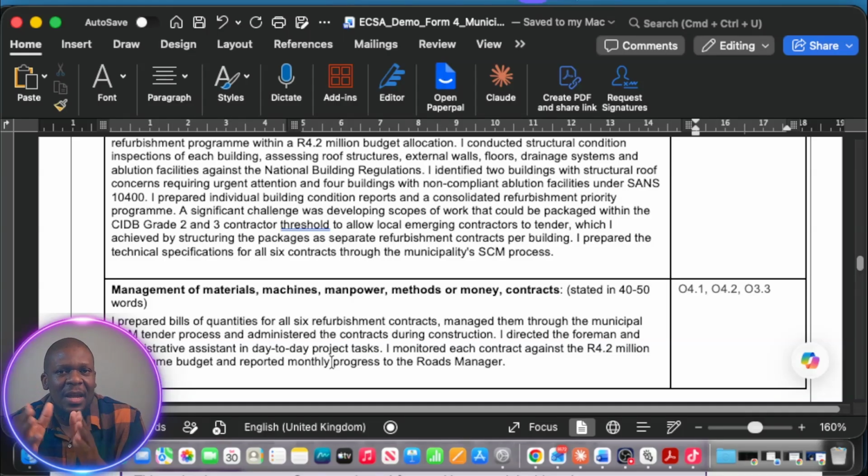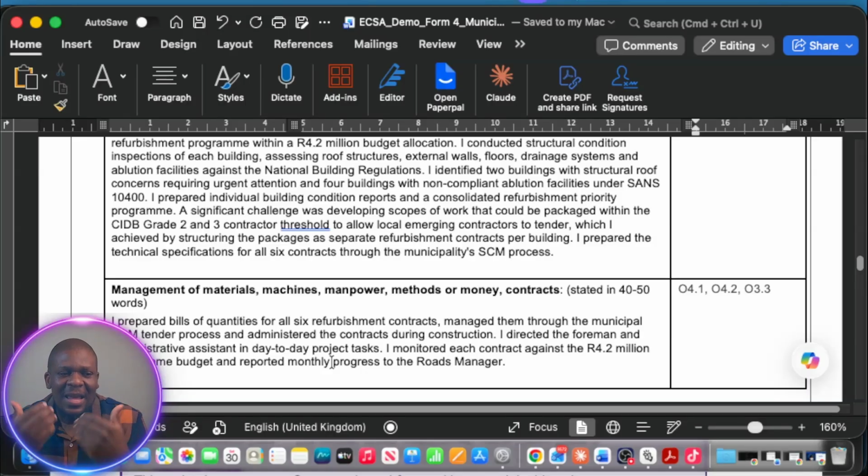I managed them using the municipal SCM tender process and administered the contract during construction. I directed the foreman and assisted in terms of the day-to-day project tasks. I monitored each contract against the budget.